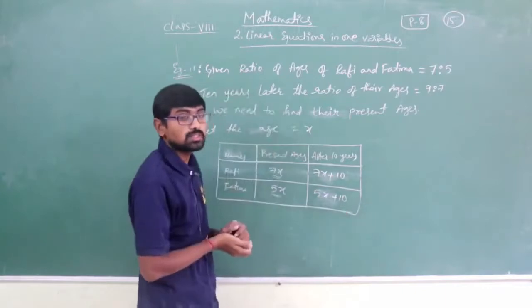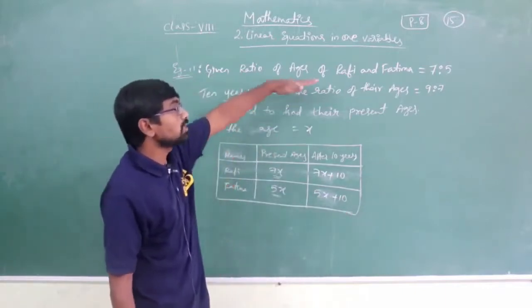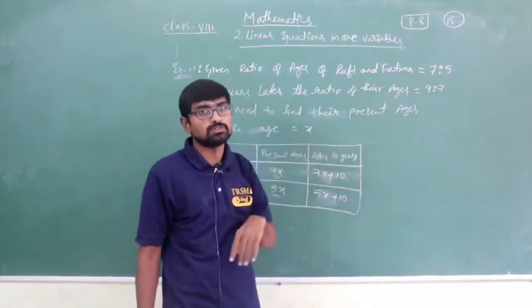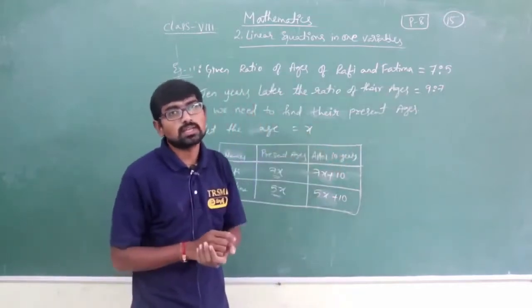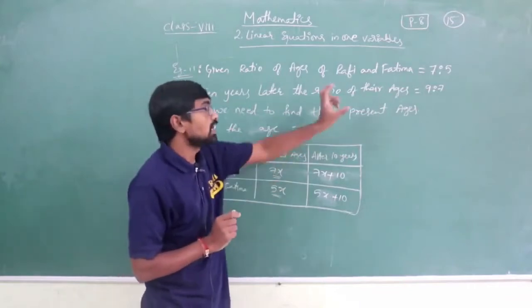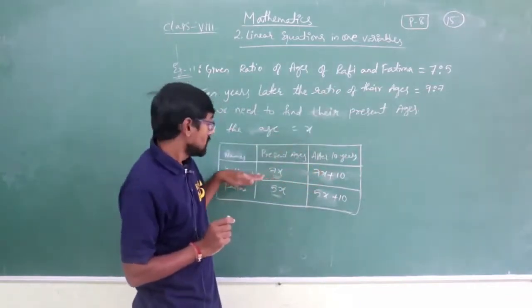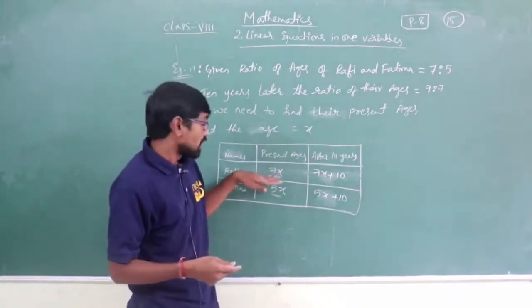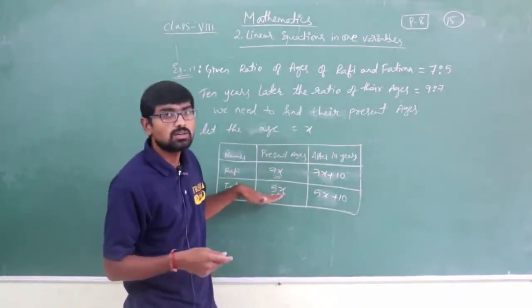Hope you all understood, isn't it? Now, the present ages of Rafi and Fatima are given in the ratio 7:5. We don't know the exact value, so let us assume that value as x. So we divide that into parts: Rafi's age is 7x and Fatima's age is 5x.